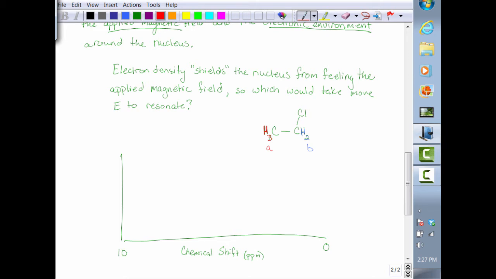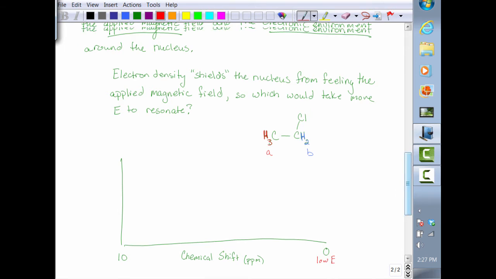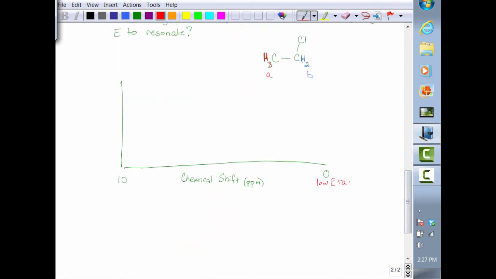So on the far right here, you have low energy radio frequency. And on the far left, you have higher energy radio frequency.